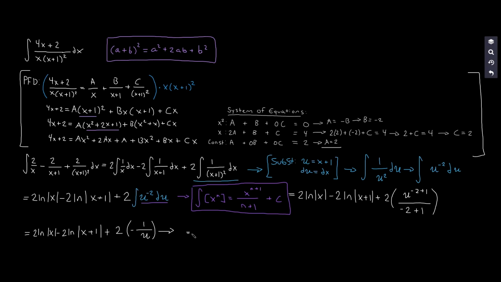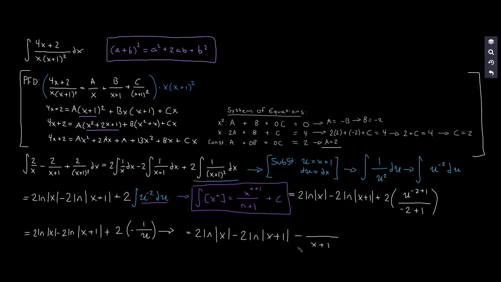Then we have to hit it with a back substitution. So we're going to have 2 times the natural logarithm of the absolute value of x minus 2 times the natural logarithm of the absolute value of x plus 1 plus, well, we'll back substitute for u, which was just x plus 1 in the denominator. Oh, but this is a negative, so it's a minus.